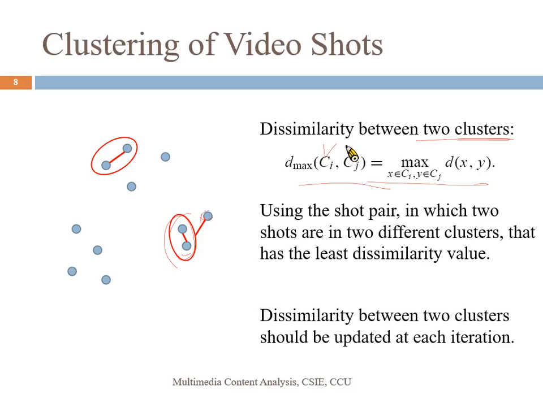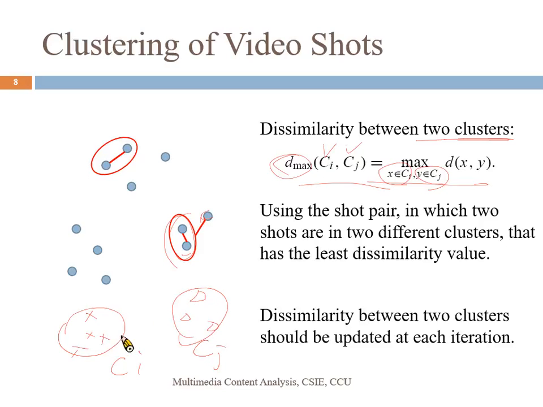Given two clusters Ci and Cj, we measure their distance based on the components in these two clusters, and we compare all of them and use the maximum value to define the distance between two clusters. We can also make an illustration here. Maybe this is Ci, this is Cj, and there are several elements here.